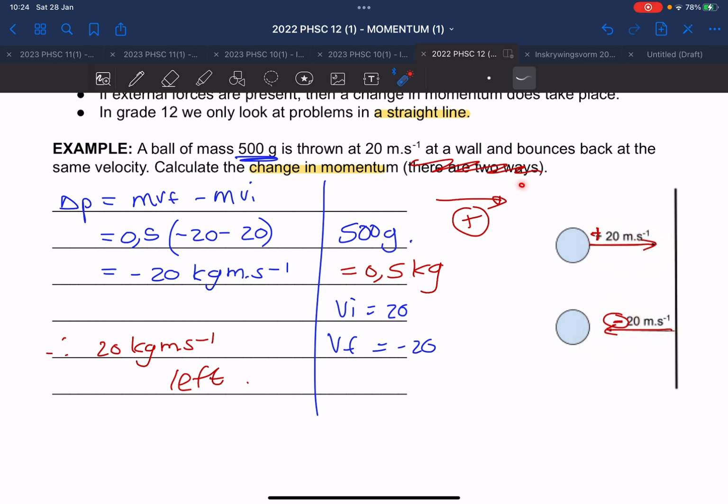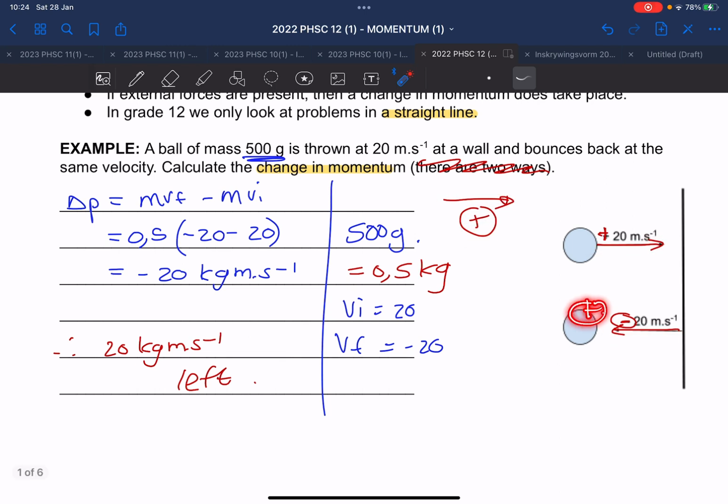So the first thing we need to do is choose a direction to be positive. The same as in your next chapter, if the ball moves to the right first, then we choose to the right to be positive. If the ball moves to the left first, then we choose to the left to be positive. Because it moves to the right first, we choose to the right to be positive.